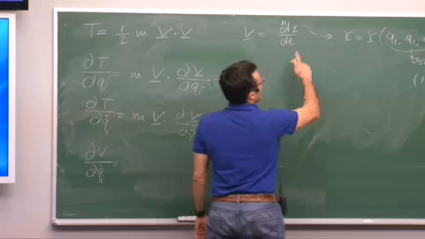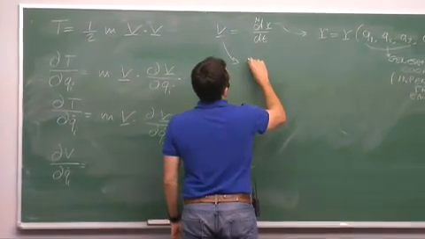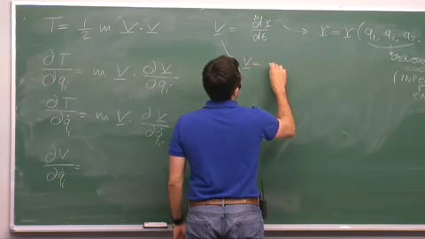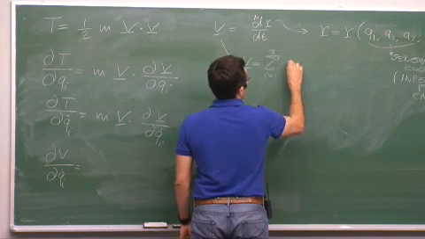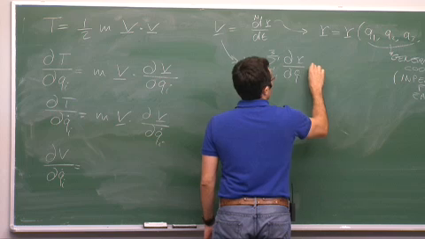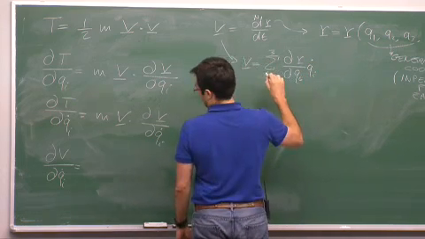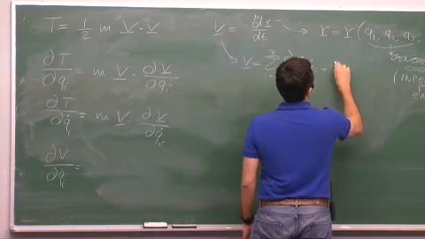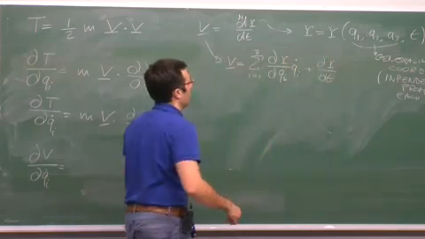So if r is expressed like this, then v, what is v? We said this last time, that v would be basically the summation over i, that goes from 1 to 3, of the partial of r with respect to qi times qi dot, plus the partial of r with respect to time, if that's the dependencies that I have.